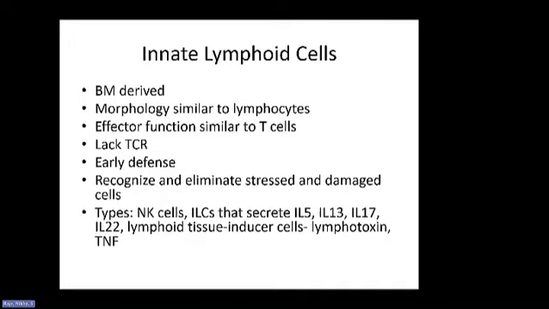They are actually important for innate immune response and recognize and eliminate stressed and damaged cells. So there are different types of ILCs: ILC type 1, type 2, type 3. ILC type 1 are natural killer cells, but there are other types of ILCs. Depending on their class, they may secrete various other cytokines.